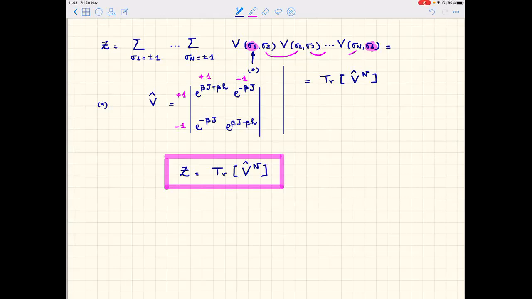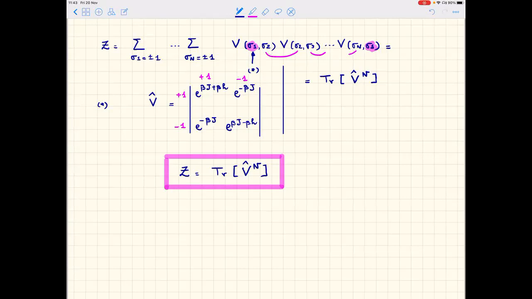Now, why is it interesting to write it this way? First of all, the matrix V sigma sigma prime is a symmetric matrix, right? And being a symmetric matrix, it has real eigenvalues.